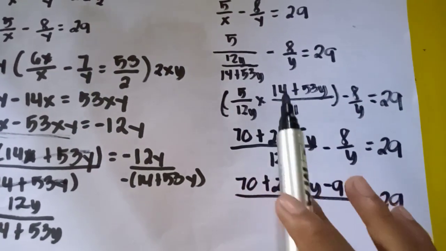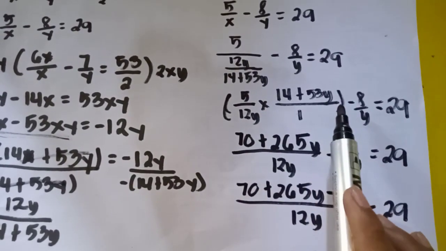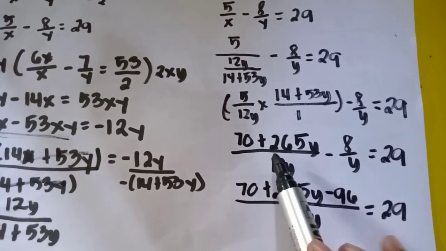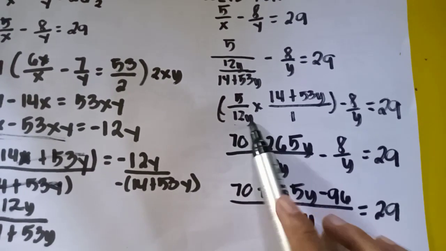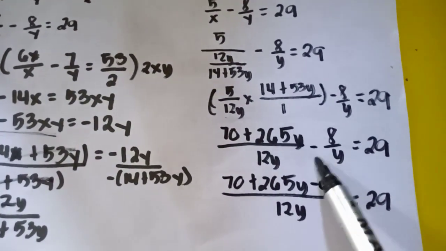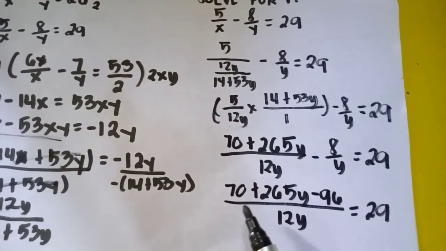5 times 14 is equal to 70, and then 5 times 53y is 265. Then copy your LCD, which is 12y, minus 8y, and then equals 29.